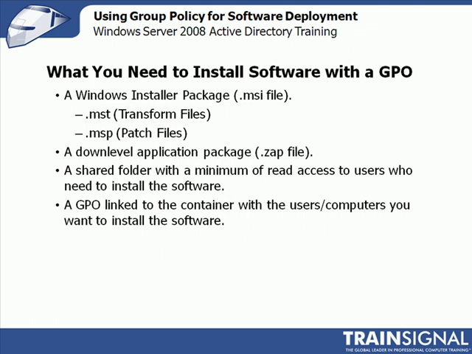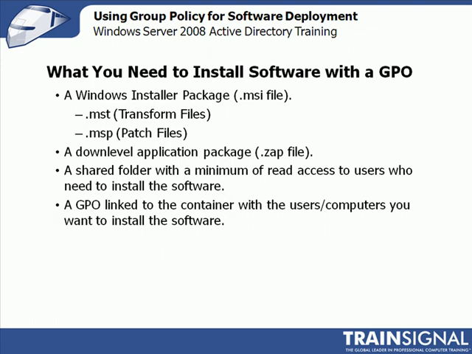Now, there is another option instead of a Windows installer package file, and that would be something called a down-level application package or a ZAP file. Now, here's what I'm going to tell you. Yes, you can use these files, but there are a couple of significant limitations.